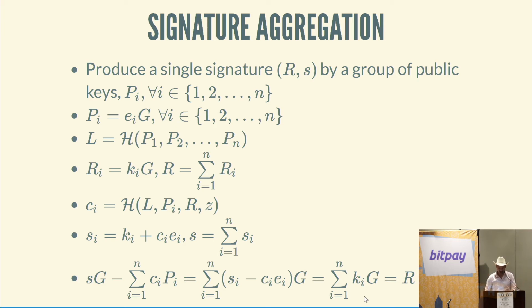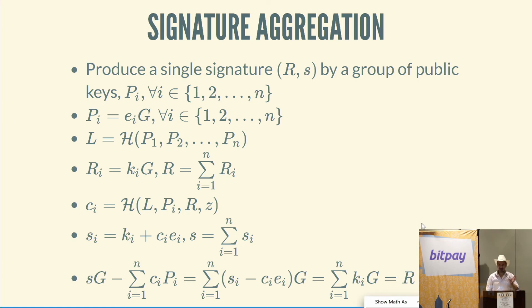And the sum of the R sub i's is R, as it is like three lines above, so you end up getting the result that you want. And that's what we call signature aggregation. You get a signature from each member of this pub key group, and you're able to combine them and have a single signature that represents all of them, which is kind of remarkable.